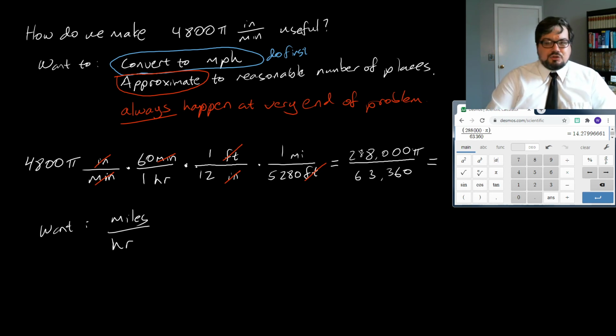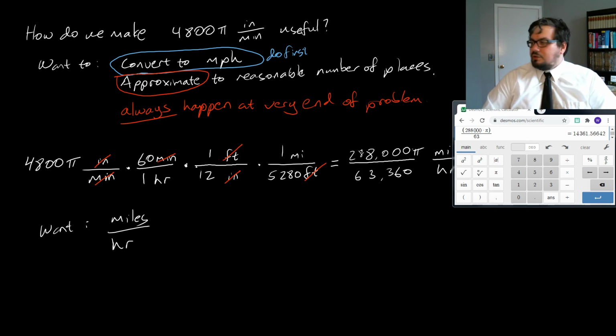And I should have written down the units that I've got. I made a mistake here. And so we have that our answer is approximately 14.28 miles per hour.